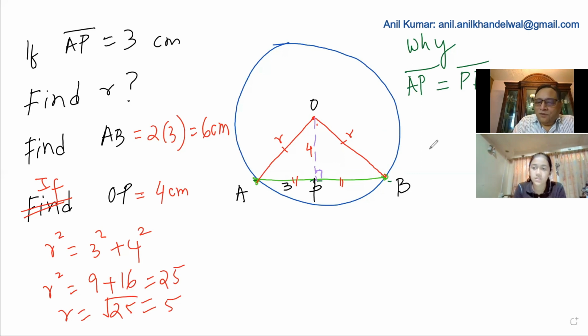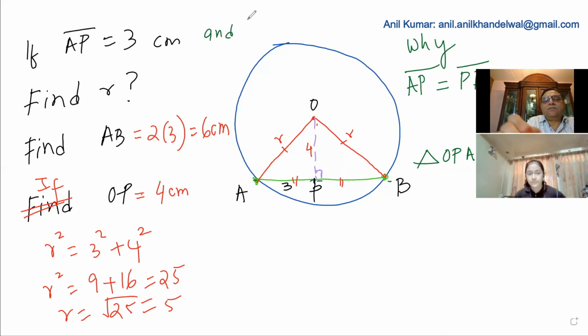No, you are right in a way, but you have to prove that triangle OPA is congruent to triangle OPB. Do you see that? I did not say that AP is the midpoint. I only said that AP is 3 centimeters and OP is perpendicular to AB.